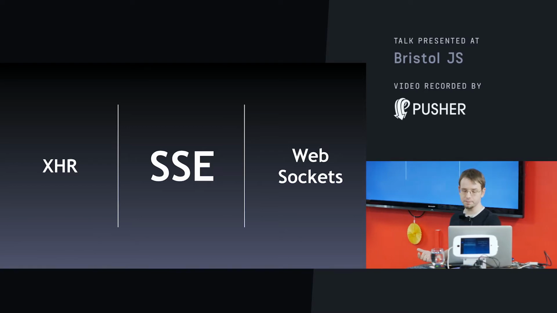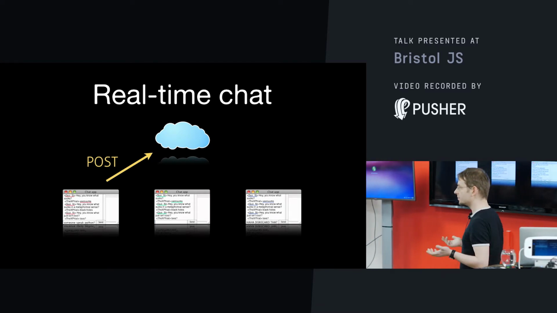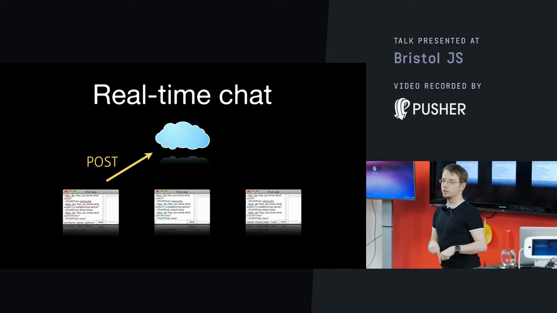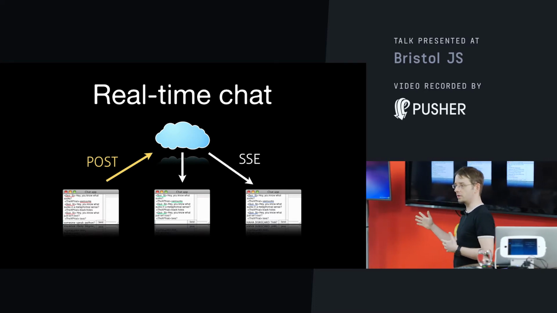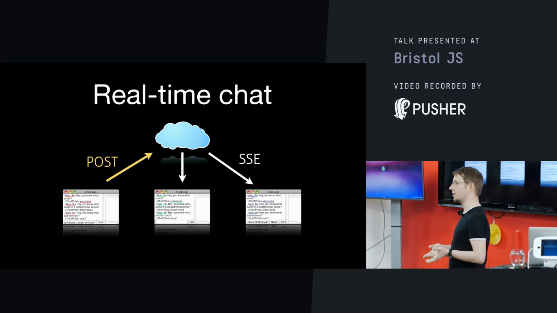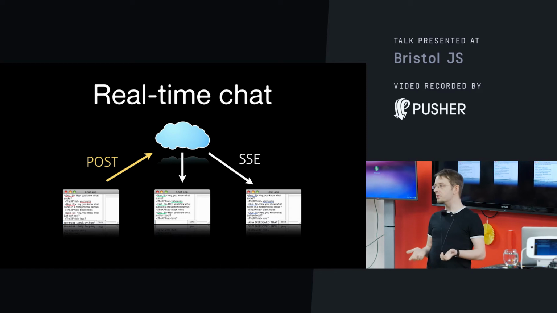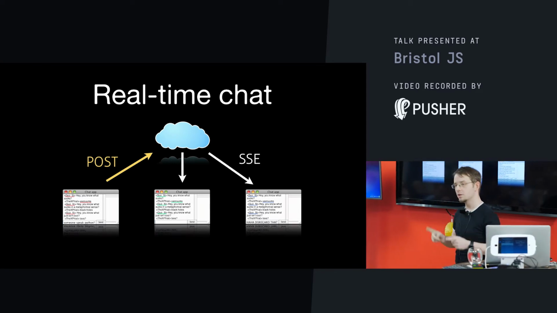What would you use it for? For example, you can implement your own Slack clone. Server-sent events is just from the server down to the client. So if you want to send a message to the server, you still have to use the classic AJAX request or a form or whatever you use to communicate with the server up to the cloud.